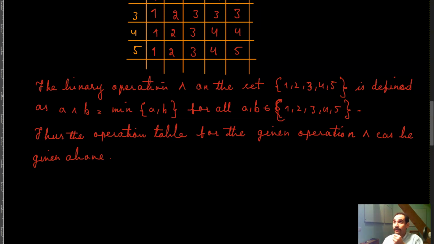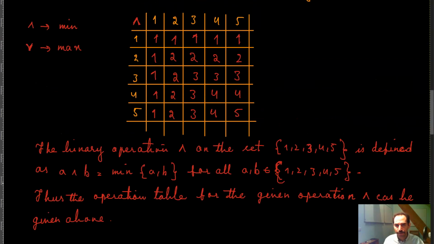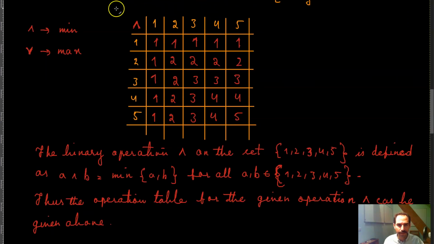The table is this table that we have arranged over here. We have 1, 1, 1, 1, 1 and 1, 2, 2, 2, 2 and 1, 2, 3, 3, 3 and 1, 2, 3, 4, 4 and 1, 2, 3, 4, 5.